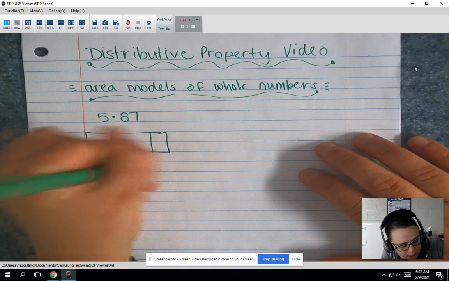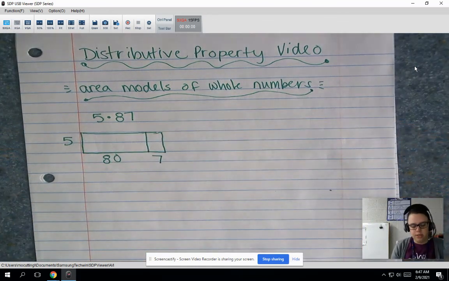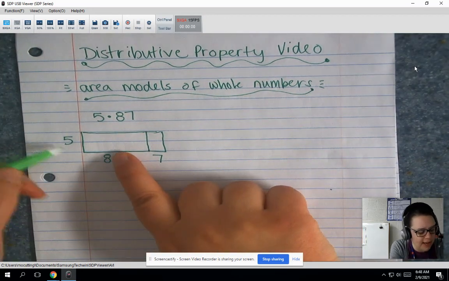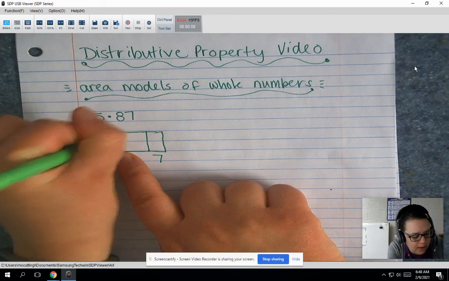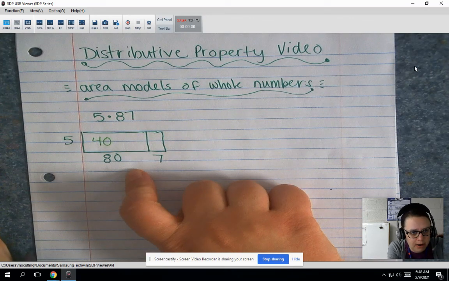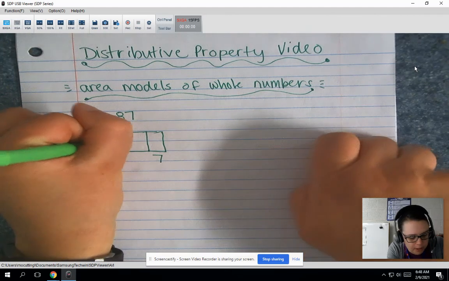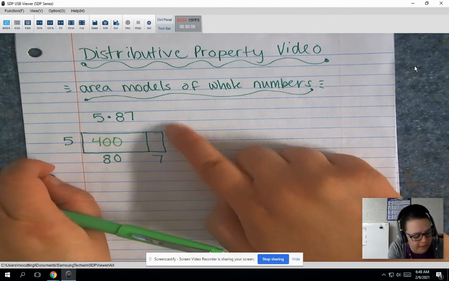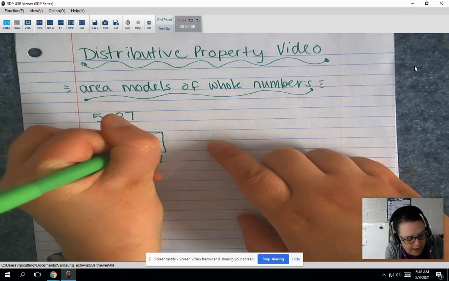So 80 and 7. Then I'm going to multiply my pieces. So 5 times 80 is really 5 times 8 is 40, and then 10 times bigger makes it 400. And then this piece is going to be 5 times 7, which is 35.